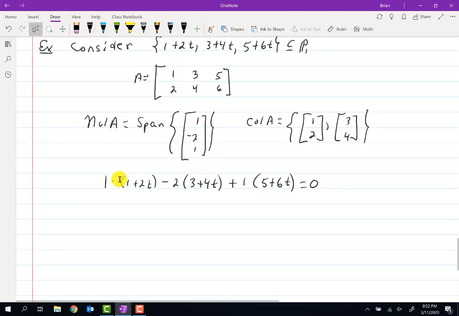So this implies that P1 is the span of 1 plus 2t and 3 plus 4t.